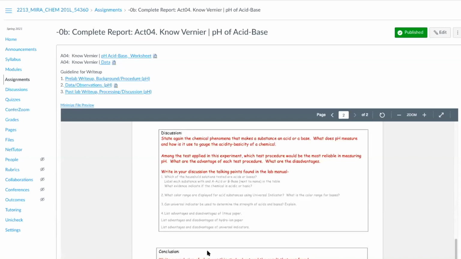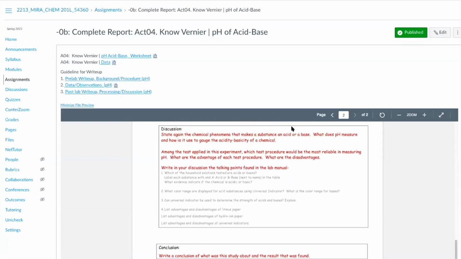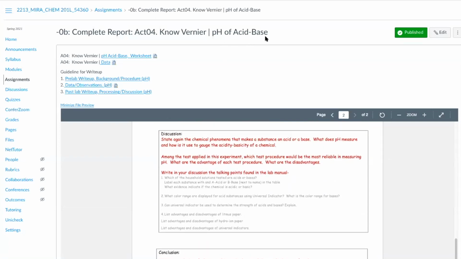Okay, so those were the types of tests you did for this particular lab. And then, yeah, that's basically the conclusion. And then you were able to rank the acidity and basicity level of these test solutions. So that is the pH of acid-base household chemicals.